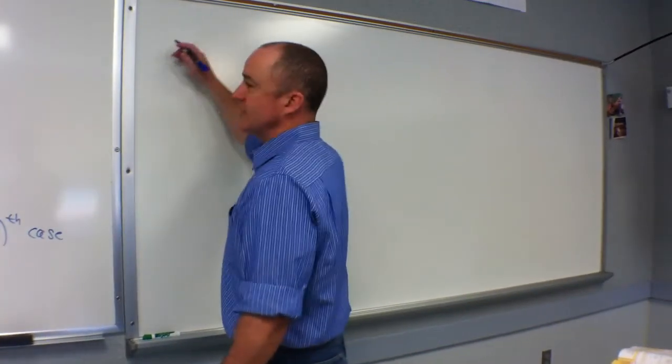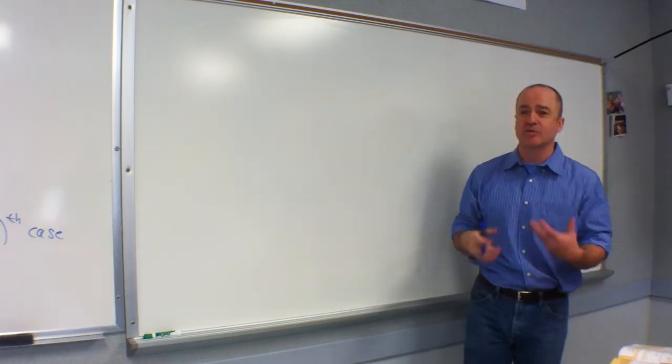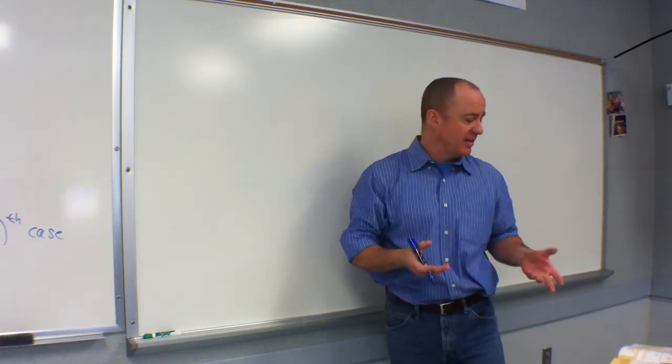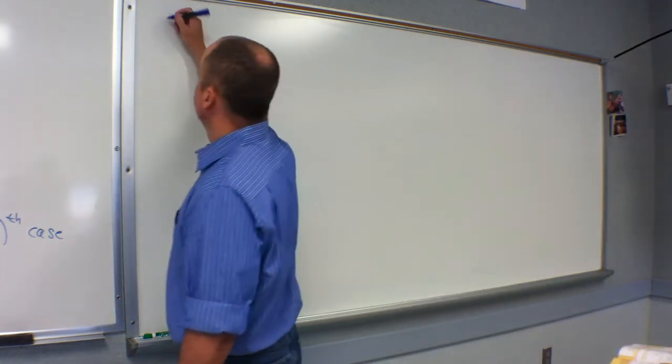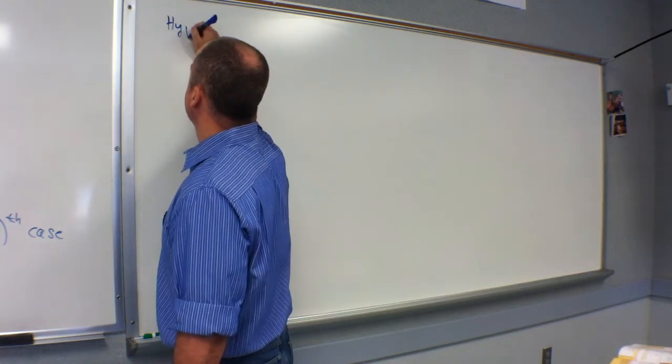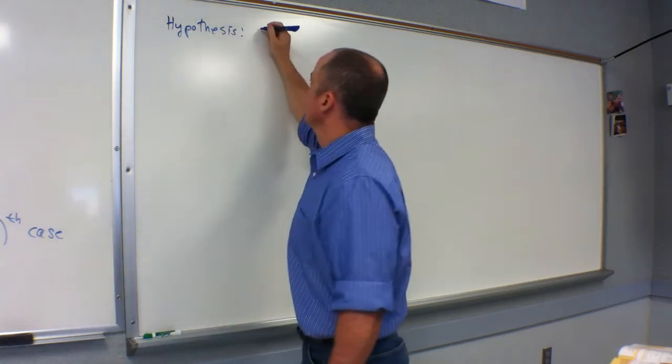A while back, I told you about a 10-year-old boy named Carl Friedrich Gauss who figured out a super quick way to add up all the numbers from 1 to 100. And his way led to a general rule that now I'm going to treat as a hypothesis, even though I know it's true. Treat it as a hypothesis.